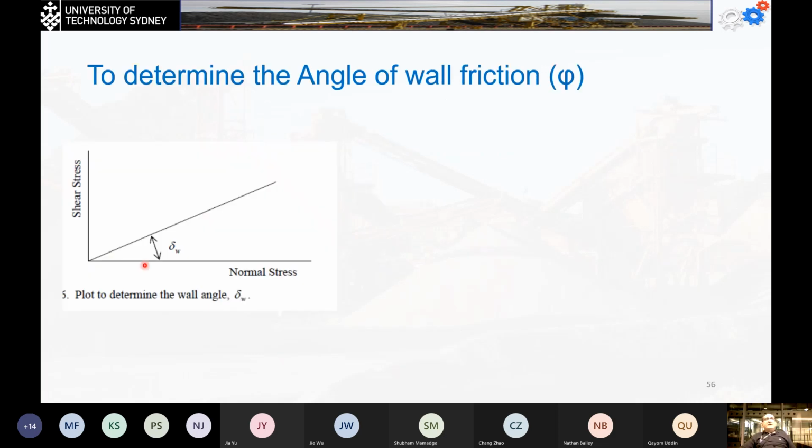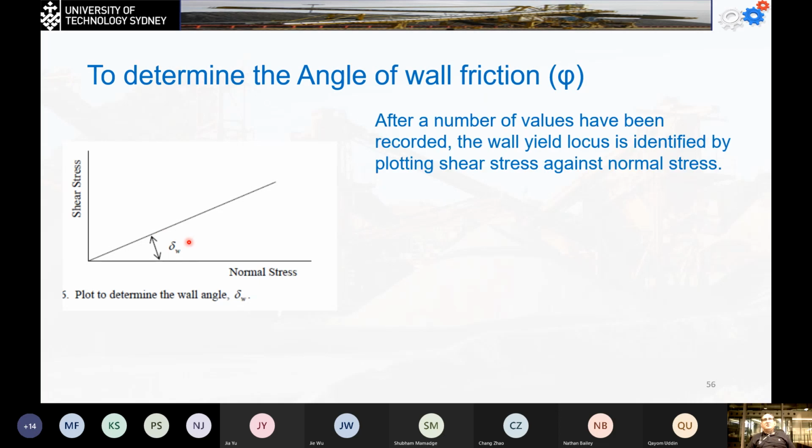The wall friction angle can be determined as follows. We have the shear stress and the normal stress, and the angle of the line between them is equal to delta W, the wall angle between the material and the sidewall.